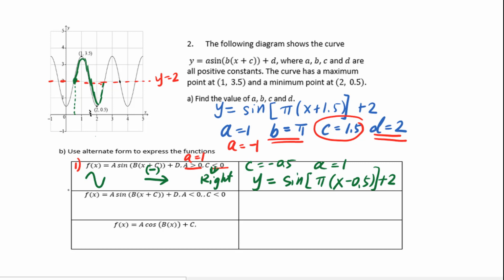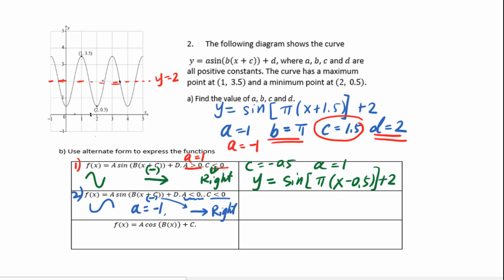Let's go to the second one. f of x equals a sine(bx plus c) plus d. A is negative, which means this pattern, and a will be negative 1. C is negative, which means move to the right side of the origin.